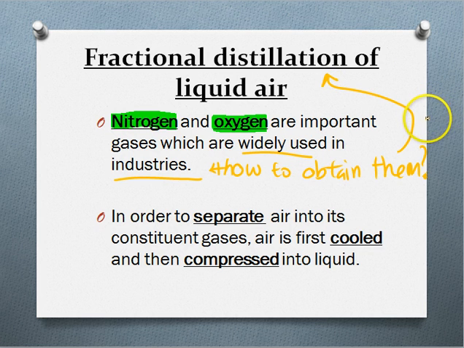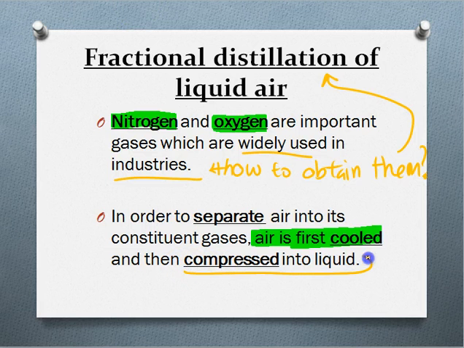Fractional distillation. So in order to get our nitrogen and oxygen, what we do is we will first cool our air, and then later we will compress it. We'll cool and then compress it into a liquid. So the air that we have, the gas particles, we will cool it and compress it so that it becomes a liquid.